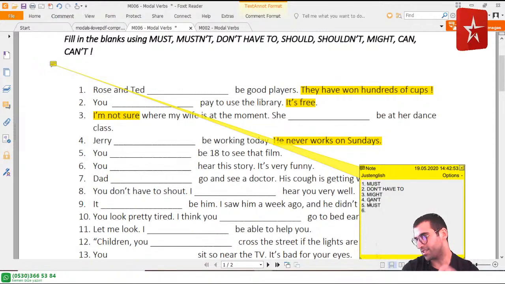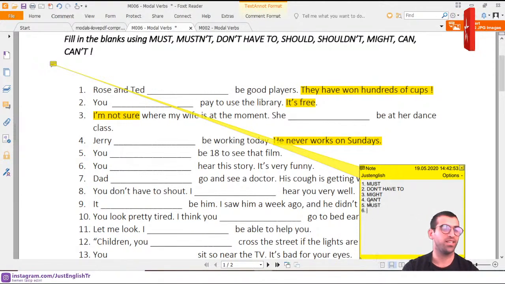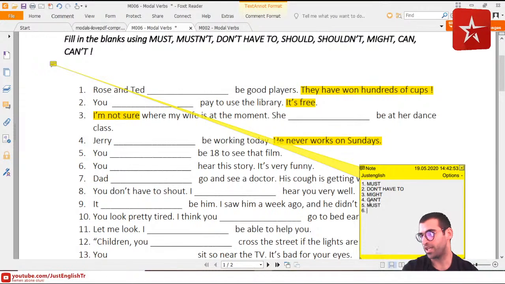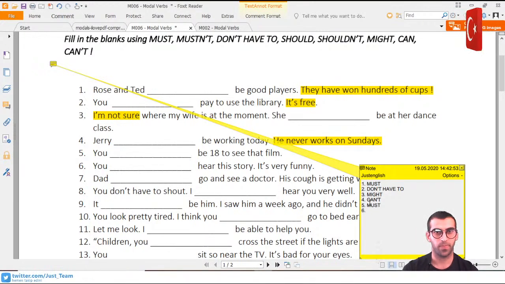I will explain have to and must in different ways in order to make it clear for everyone. Okay, and number 6, the last one for the first part of the lesson. You blah blah blah hear this story. It is very funny.